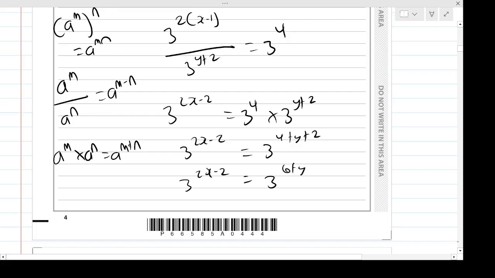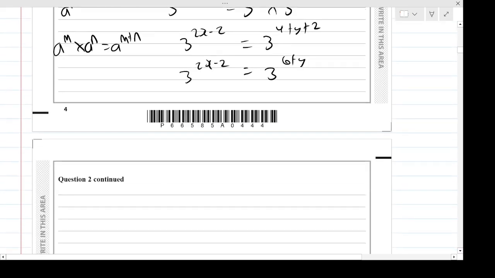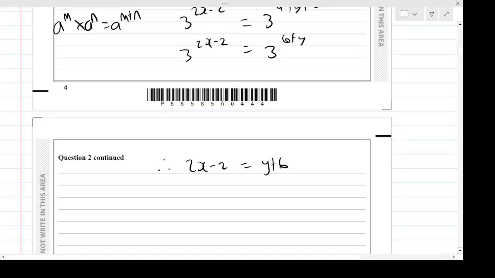And at this point the left hand side is the same as the right hand side, it's the same base 3, so that means the powers have to be equal also. So I can deduce that 2x minus 2 is 6 add y, or y add 6, let's say, right? And if I simply subtract 6 from both sides, then y is 2x minus 2 minus 6, which is 2x minus 8. And there we are, that is y in terms of x. Cool.